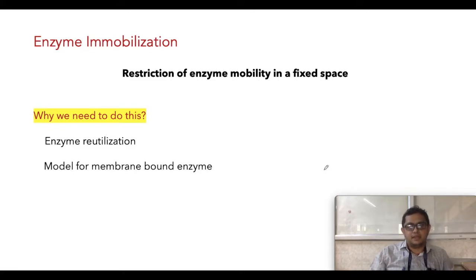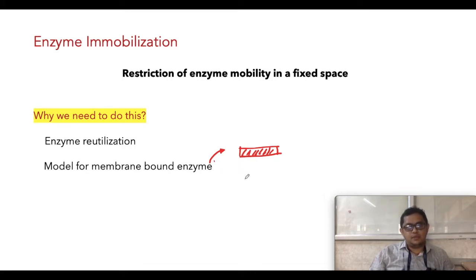What is the second need? The second condition is the model for membrane bound enzyme. What does that mean? There are certain enzymes which only work better when they are adhered to a support. An example is the membrane bound enzymes, because in natural in vivo conditions these enzymes are attached to something in order to have a better activity.